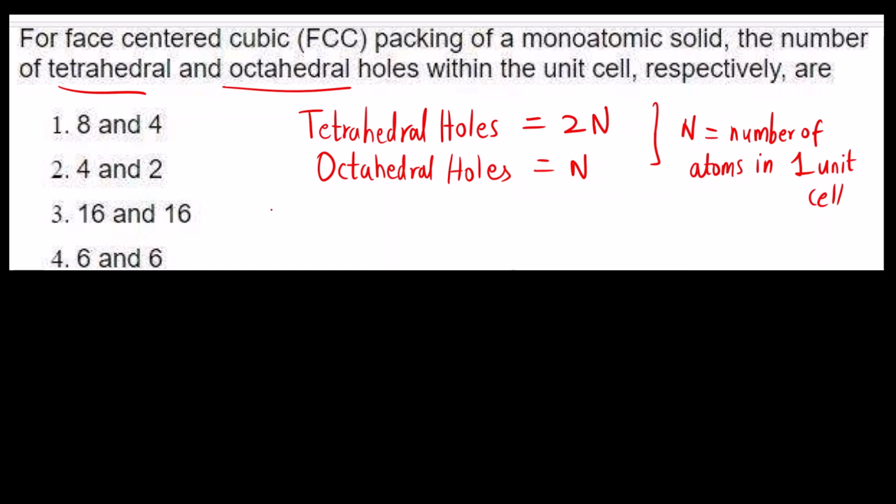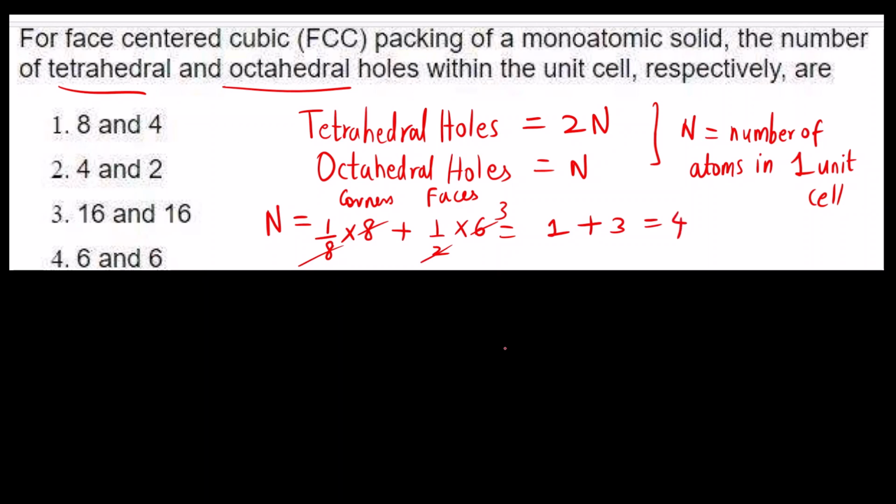So for FCC we know total atoms in one unit cell. Let's say first we find out for the corners. Corner contribution is 1 by 8 into 8 spheres, plus the spheres present at the faces as well. There are how many faces? 6, into contribution half. So 1 by 8 into 8 is 1, plus 3, so total 4 spheres are present.